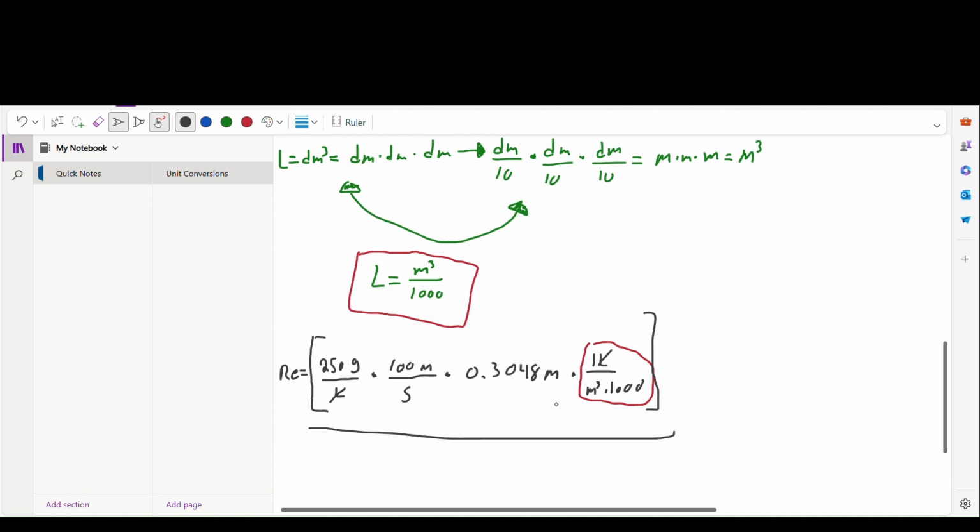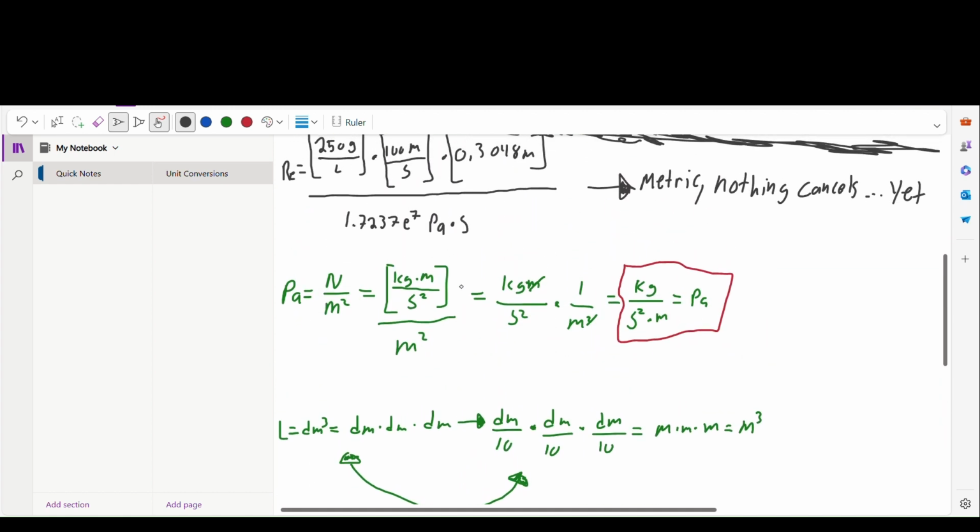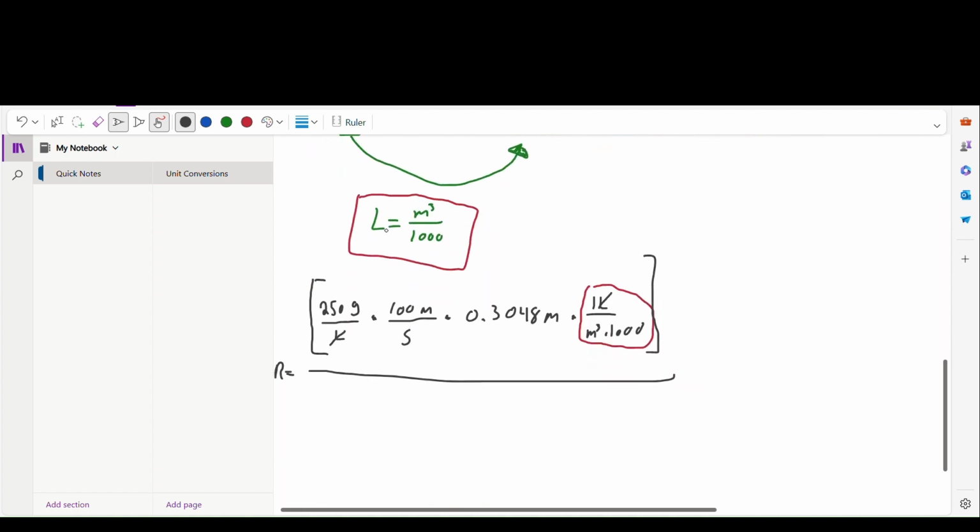This is going to be divided by, matter of fact, while I'm at it here, let me just go ahead and erase that. And we'll do Reynolds number equals this whole big thing. And then, what did I say? 1.7237 times 10 to the 7th.